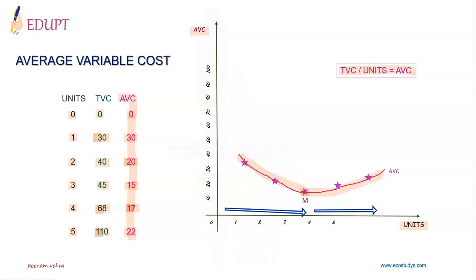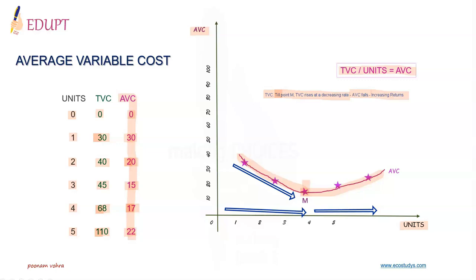This behavior is on account of the two-phase behavior of total variable cost. Till point M, total variable cost rises but at a decreasing rate. Hence, average variable cost falls. This is due to the phase of increasing returns.